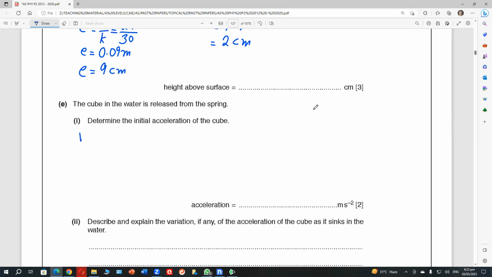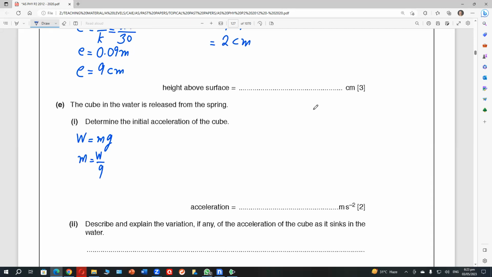We can first find the mass, because the formula for acceleration is F is equal to ma.